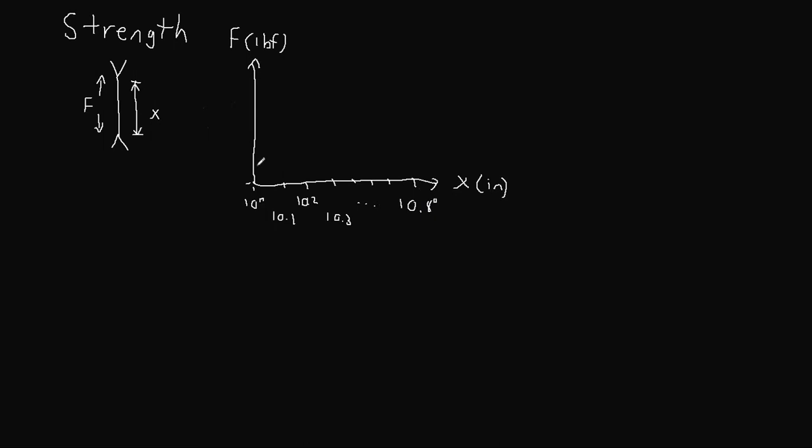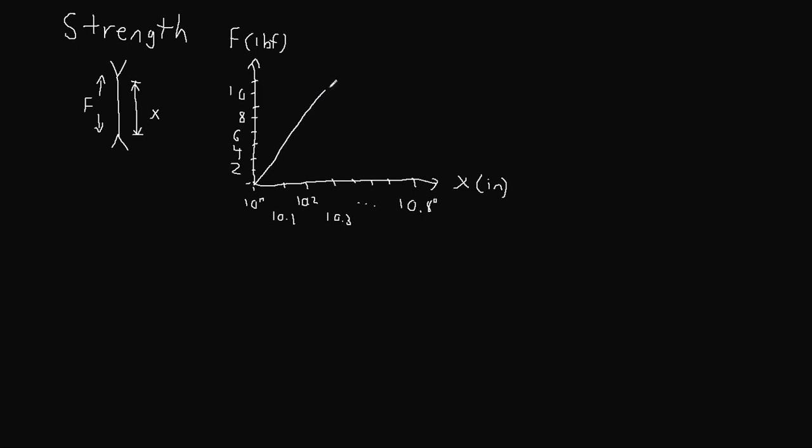Then on the y-axis here, we have units of pounds. Again, this is an example, so I don't really care how much these are, but we'll say 2, 4, 6, 8, 10.